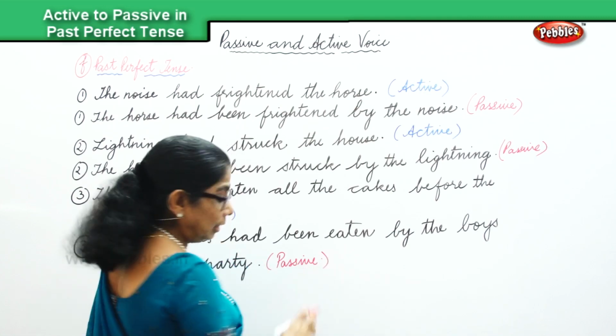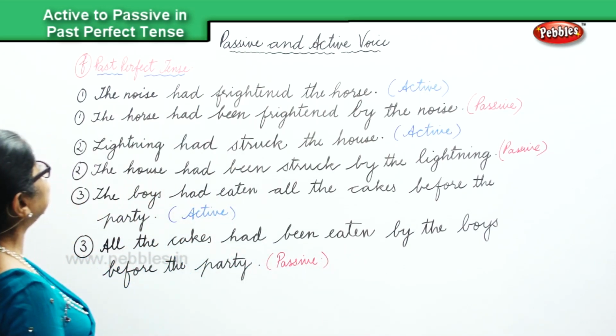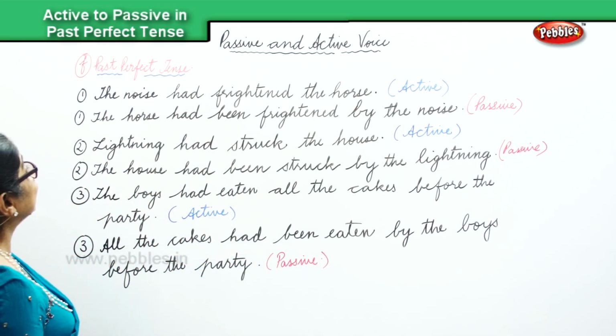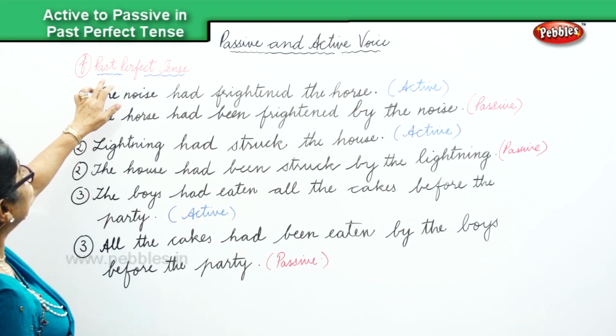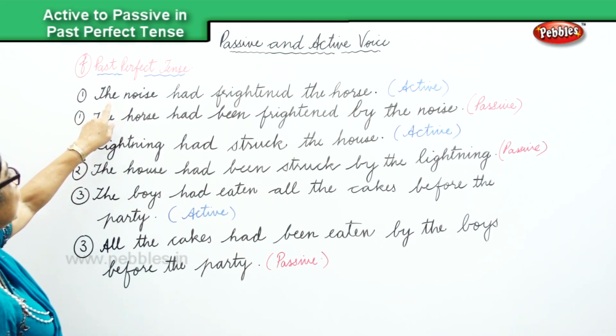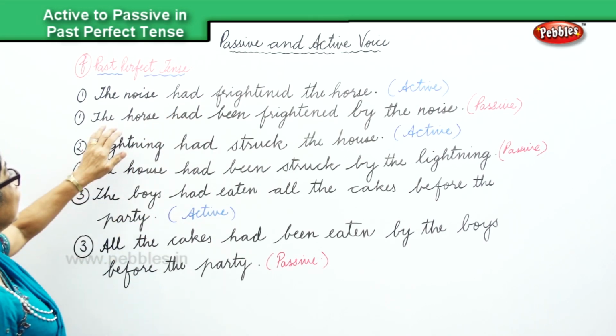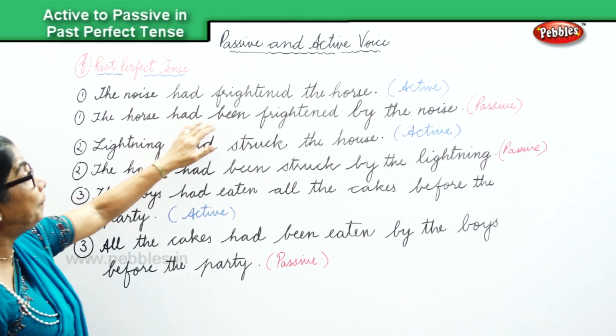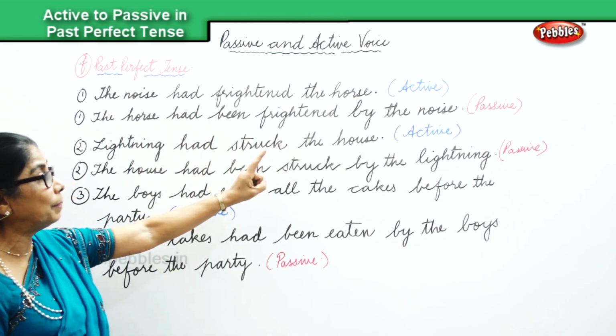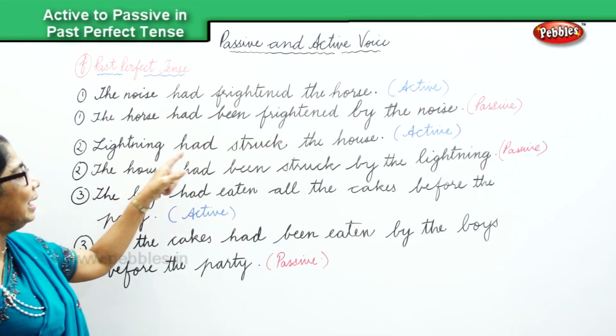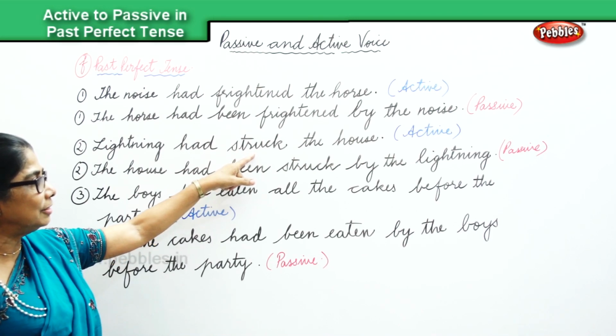So what are we looking at? We are looking at here changing from active to passive in the past perfect tense. First, the noise had frightened the horse, active. The horse had been frightened by the noise, passive. Lightning had struck the house, active.